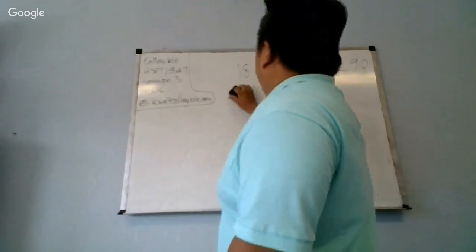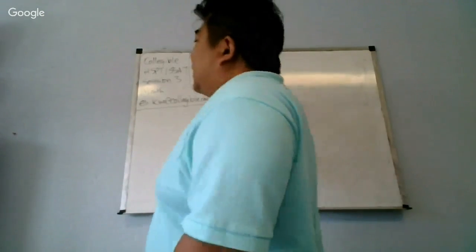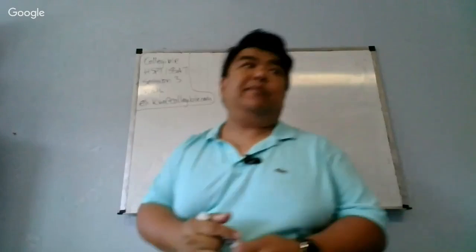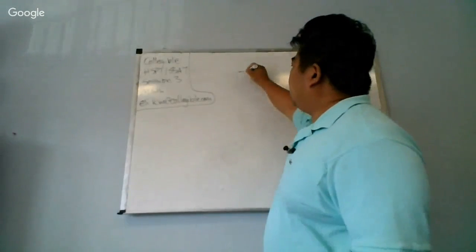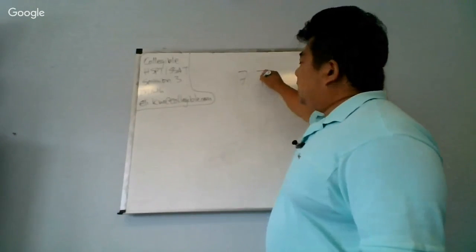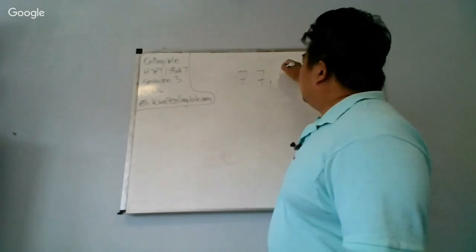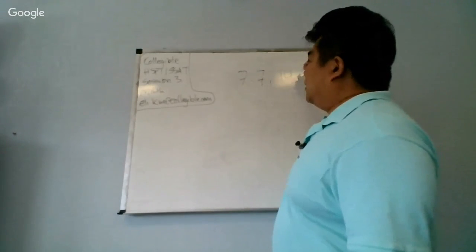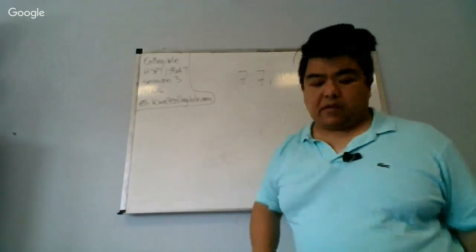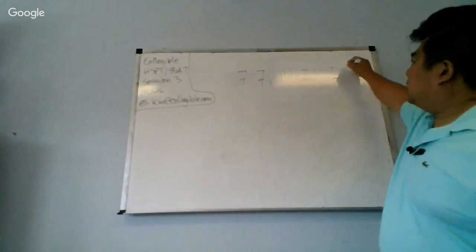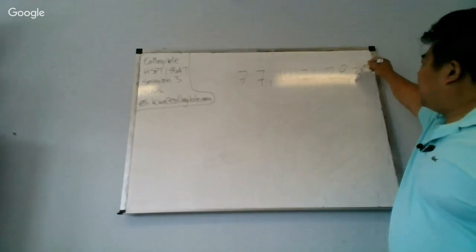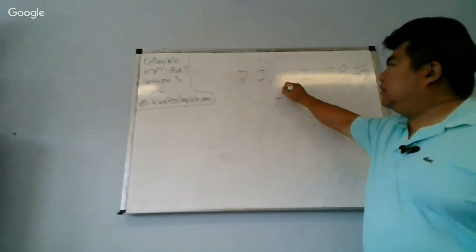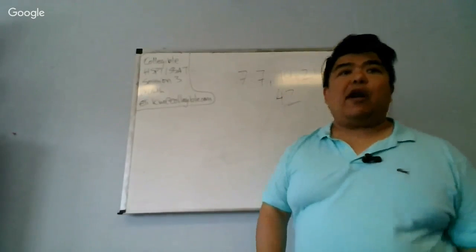We should go with method. So let's look at numbers that are multiples of 7. What's the first one? 7. Next one? 14. Next? 21. 28. 35. Anything else? 42. Which one here is prime?